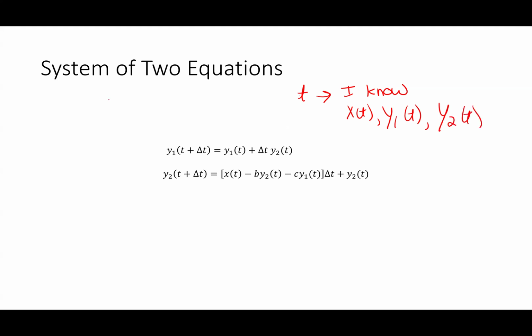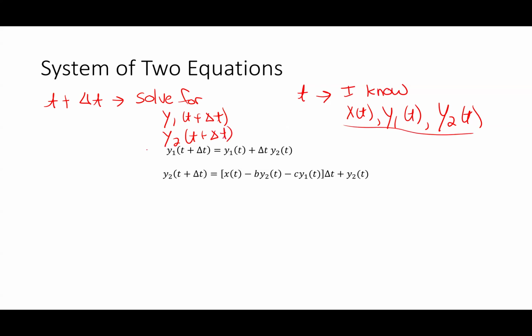So I know those things, and I can say at t plus delta t, I solve for the outputs y1 of t plus delta t and y2 of t plus delta t. So if I know these things, basically what I have here is a system of equations, right? And so how would I write out that system of equations?